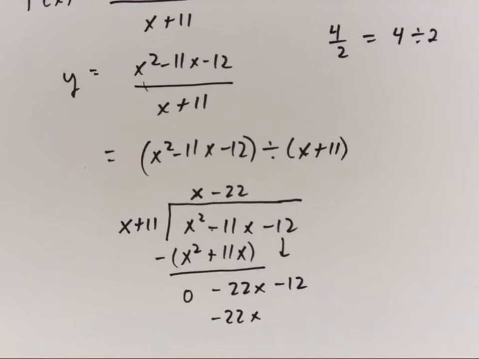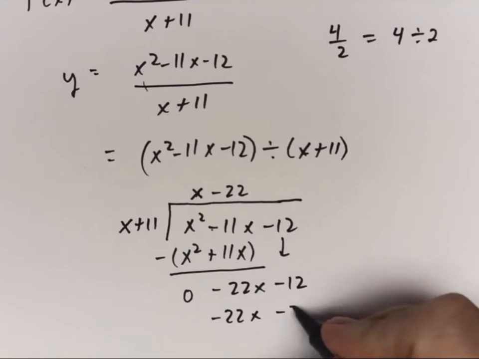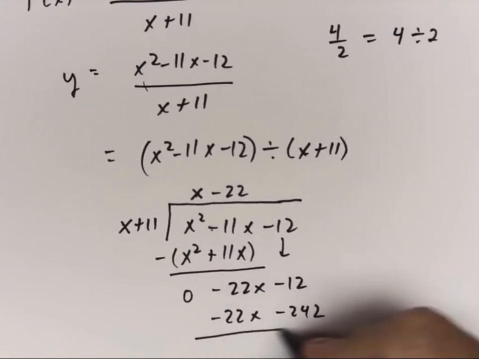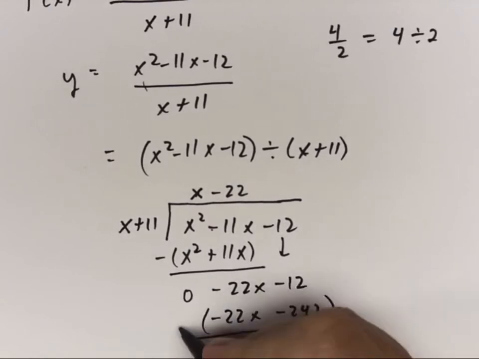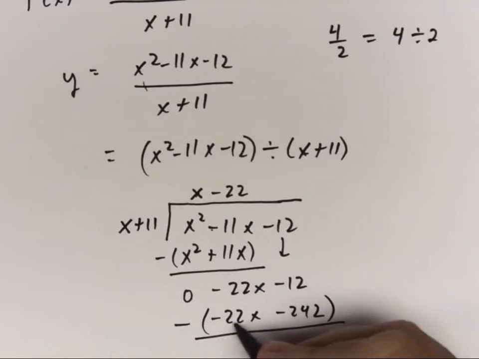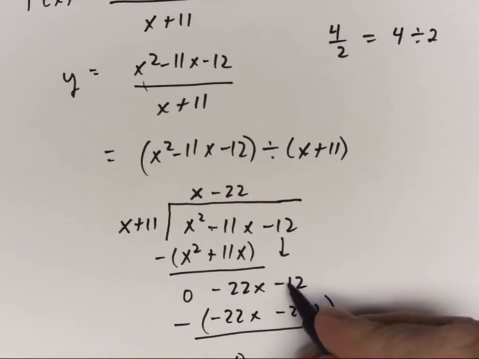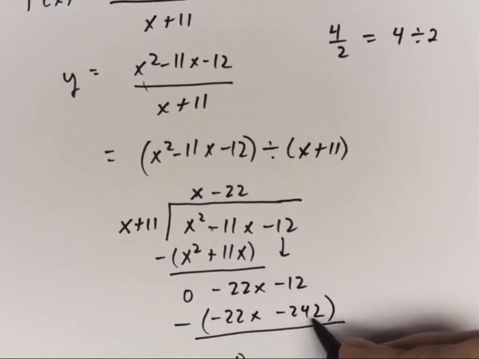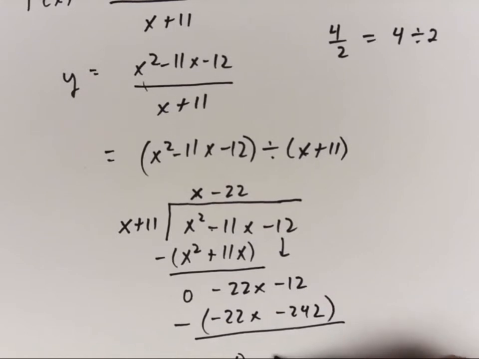Hope I'm not making any math errors. We're going to find out. 22 times 11, negative 242. So I'm going to subtract this. Negative 22x plus 22x is 0. Negative 12 plus 242 is plus 230.